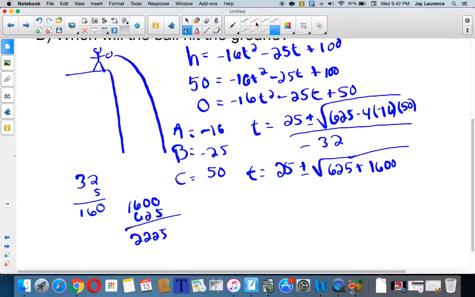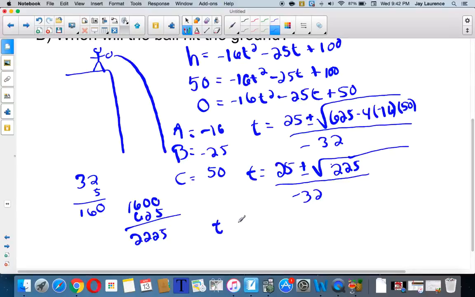So I'm going to change that to 2,225 under my square root. Remember, that's the discriminant. And that'll all be over negative 32. All right, and I'm not going to do this one on the calculator, you can see, but I'm going to do it on a handheld.